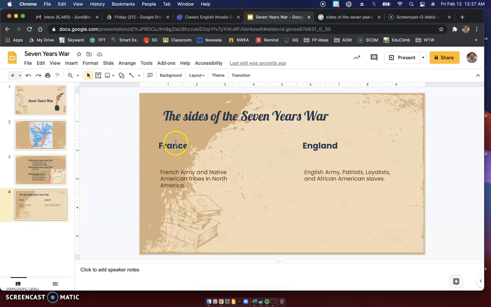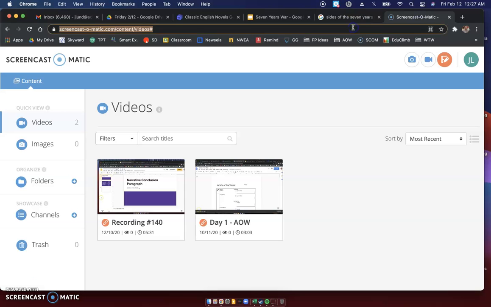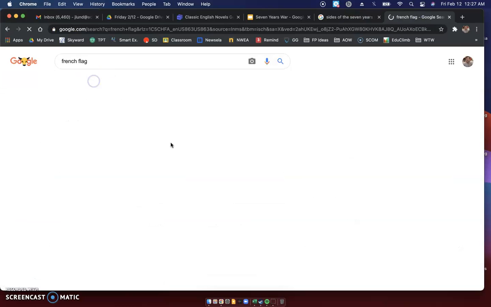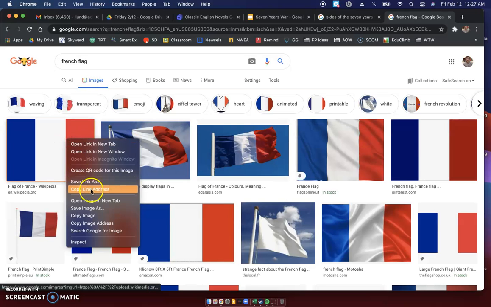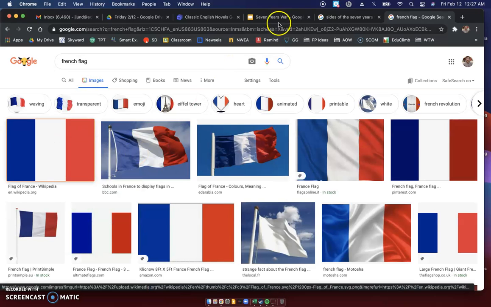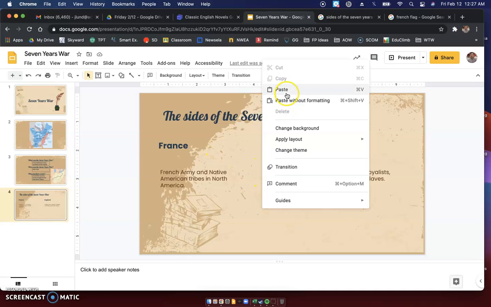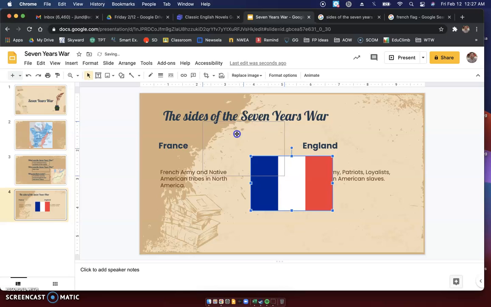Okay, so like we said, there's the French, okay, and the English. Right, so I am going to copy the French flag here. You don't have to do this. You should already see yours on your slides here, but this is the French flag.